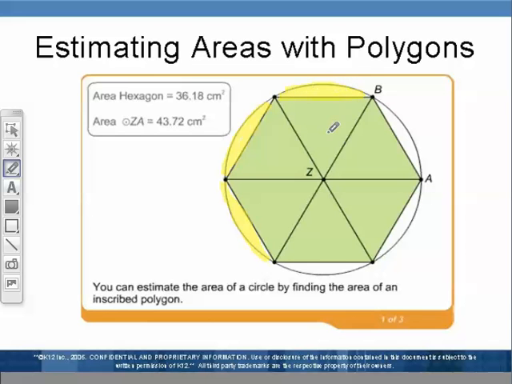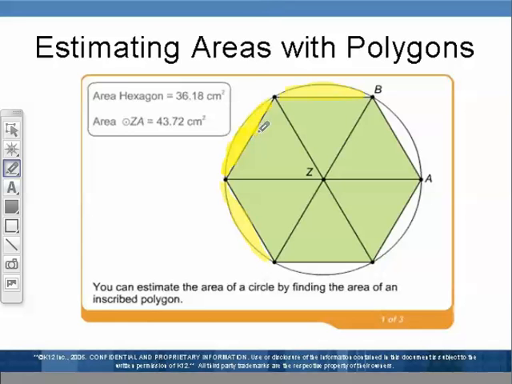And the more sides on the polygon we have, the smaller this yellow area becomes in total. So that's one of the ways that they proved the area of a circle was equal to pi r squared.